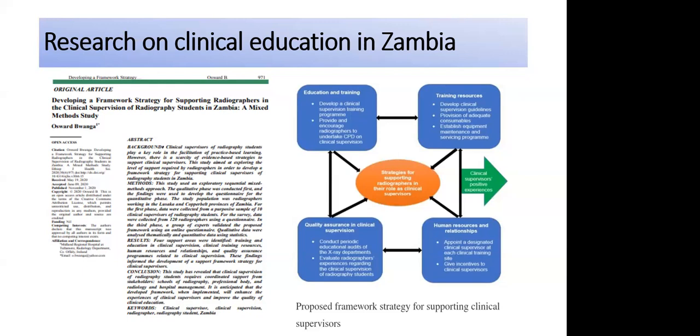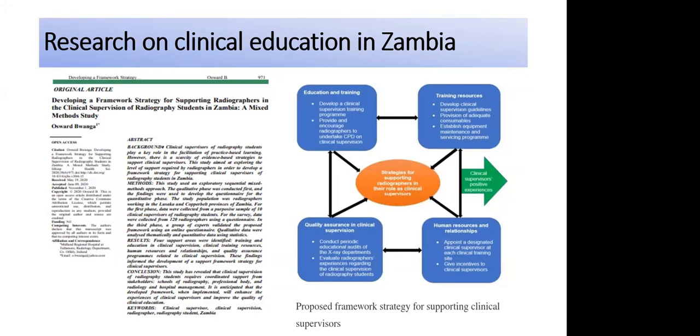And also he proposed another strategy to implement clinical quality assurance or teaching audits in these universities, to ensure that everything that we do is in line with clinical education standards in Zambia. So he proposed all this. So we can pick one by one to implement. First of all, we need to have training to educate our clinical educators.